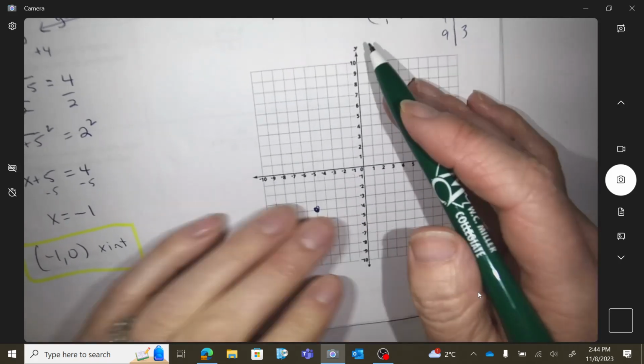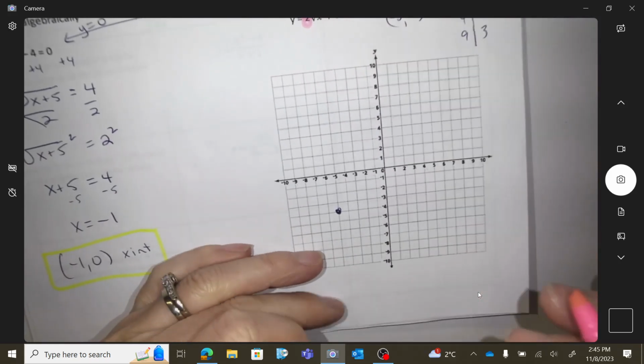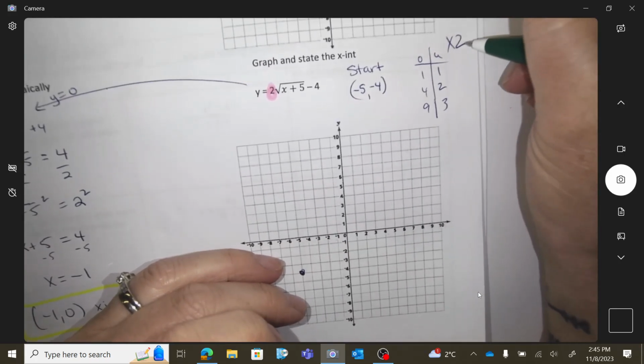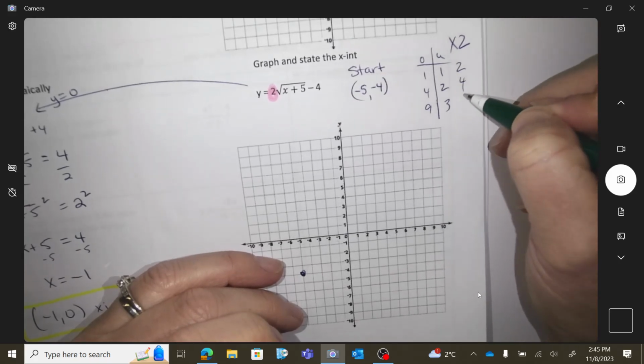Okay, what do I do with this 2? I need to do the times 2 on that column, right? 2, 4, 6.